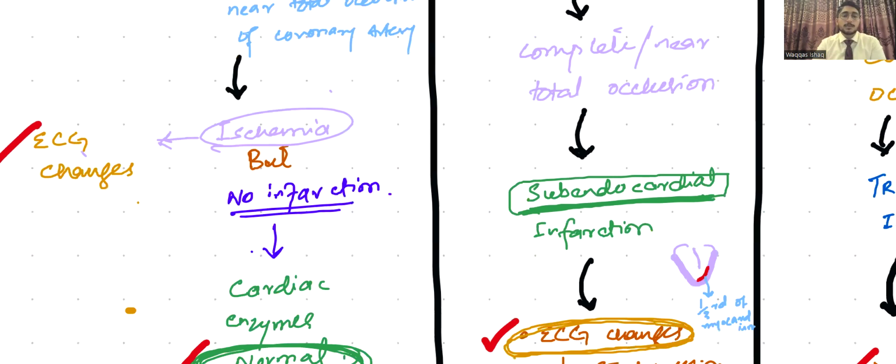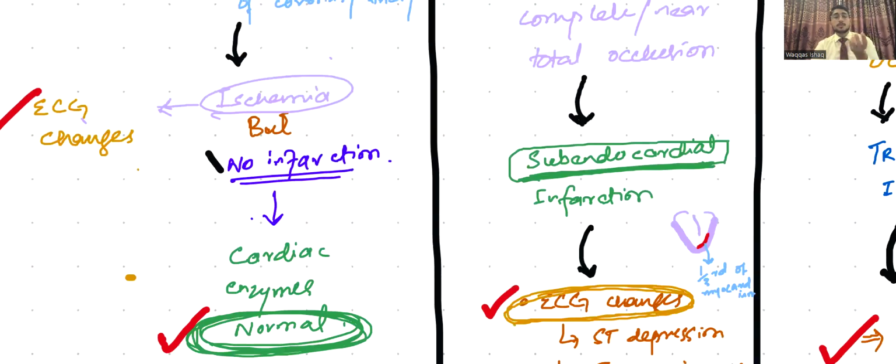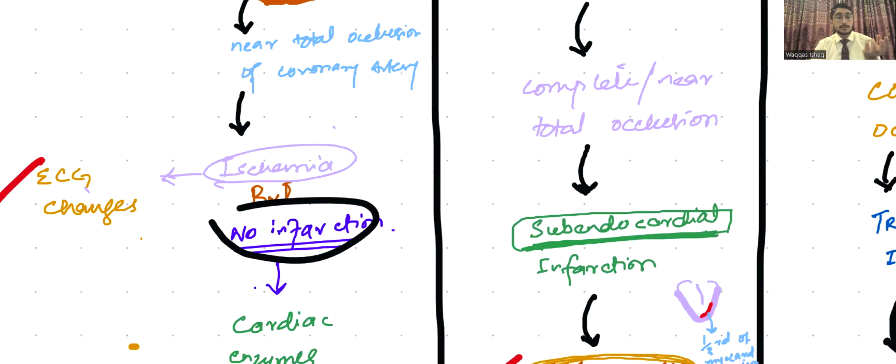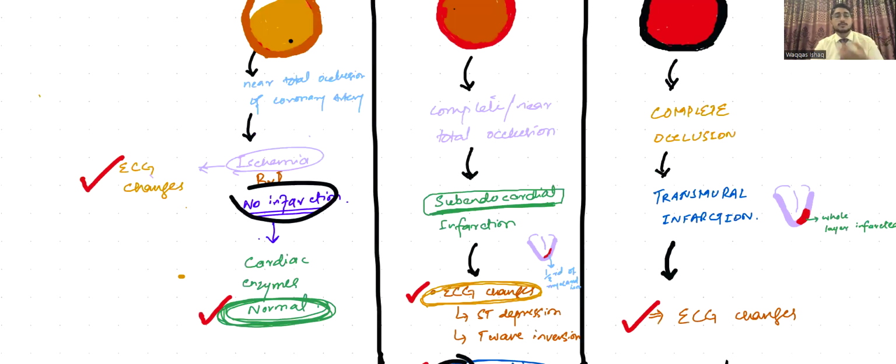Infarction is not happening. Ischemia is happening because there is compromised oxygen supply to the cardiac myocytes. When they have low oxygen supply, that leads to voltage changes. The ECG changes can be ST depression or T wave inversion, but cardiac enzymes are normal.